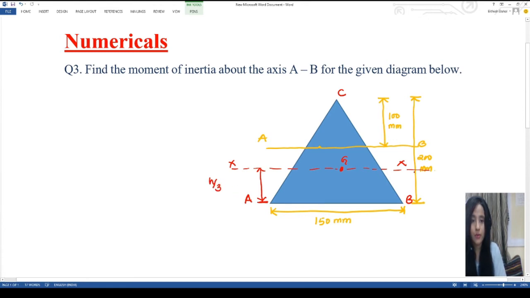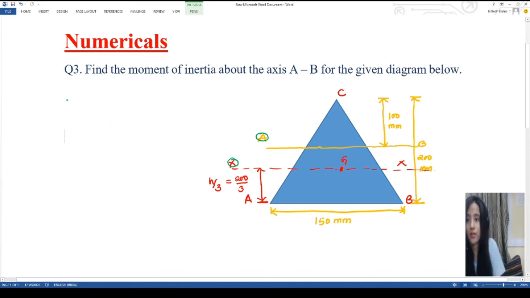So how much is my h in here? Total height of this triangle is 200. So it will be 200 by 3. Now we are asked to find moment of inertia about AB. This AB line is running parallel with this x-axis.